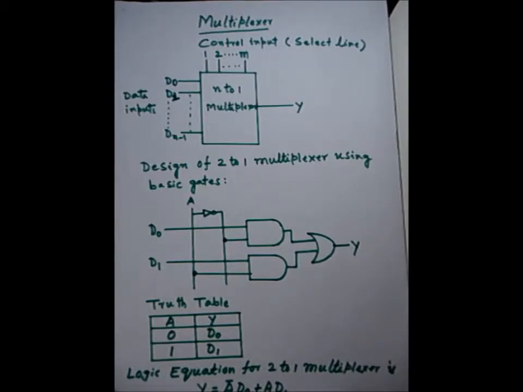We will discuss the multiplexer. A multiplexer has multiple inputs but only one output. That is the simplest definition of a multiplexer.